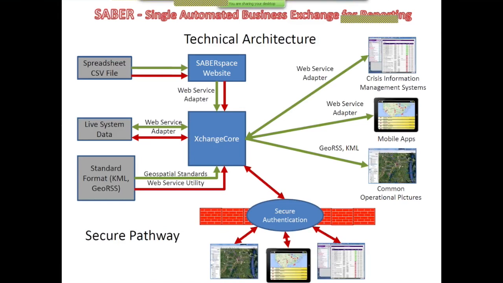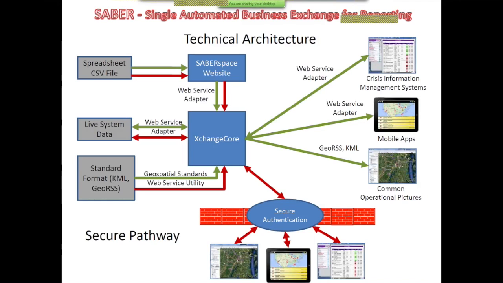Second level, though, is a secure pathway. Secure pathway has the same functionality on the left-hand side, bringing in under those multiple different systems, same tools for exchanging that information. But now, instead of the open pathway and the green lines up on the right-hand side, you have the secure pathway, in which there is a secure authentication required by any consumer, and that then forces them to be authorized by you, the provider of the information, to receive that specific information.